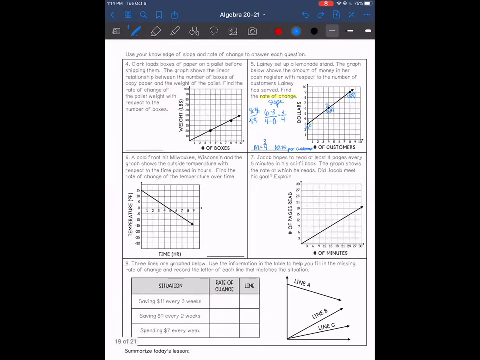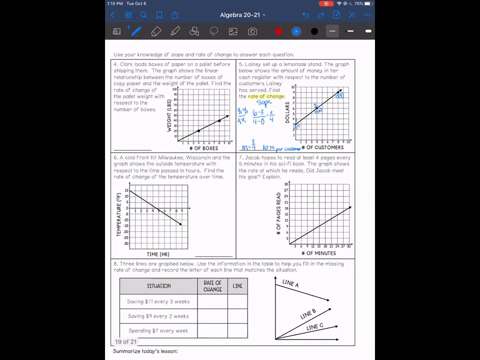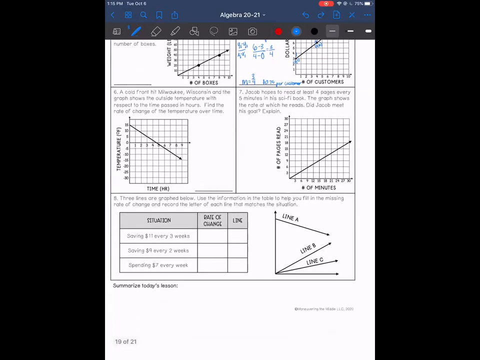Okay, so find the points again on 6 and 7, and looking at 8, this kind of brings up steepness. How steep is it, which is how big is our y versus how big is our change of x.